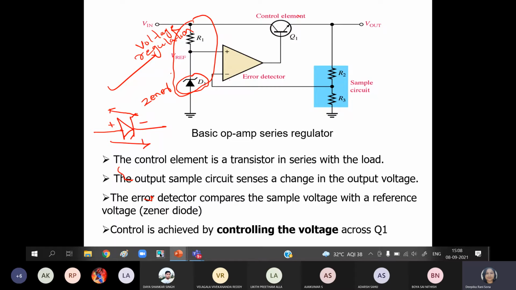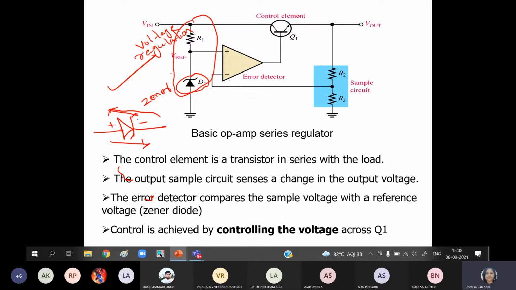How? When the breakdown voltage is reached, at that time it will allow the current to pass through it. That is the property of the Zener diode. It withstands the reverse bias voltage, or reverse supply voltage, also.